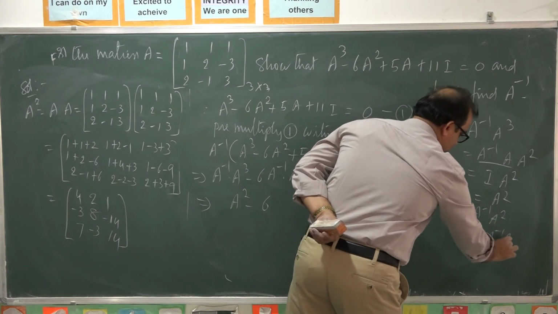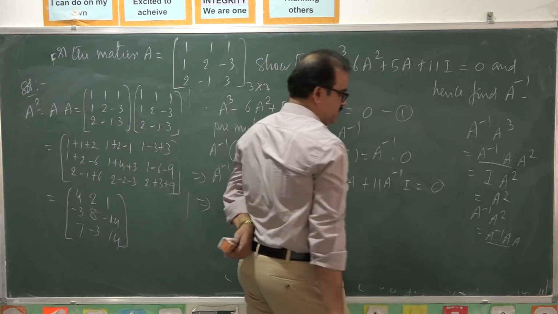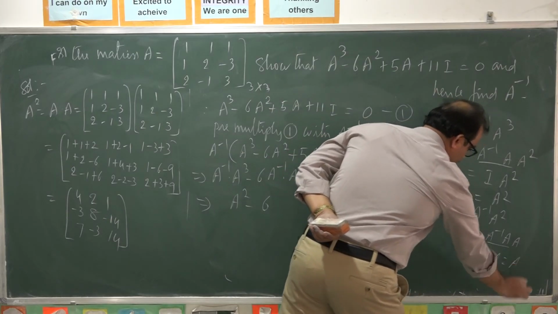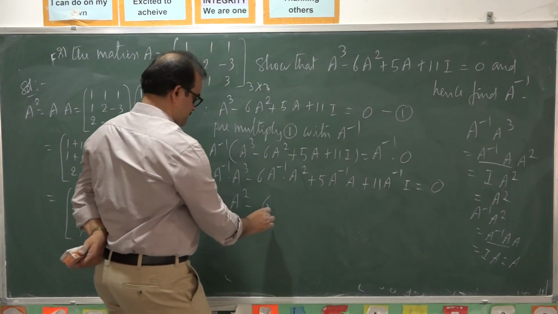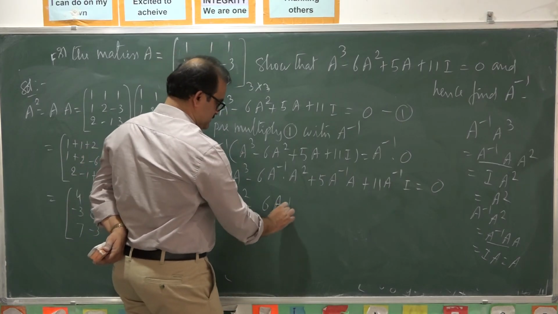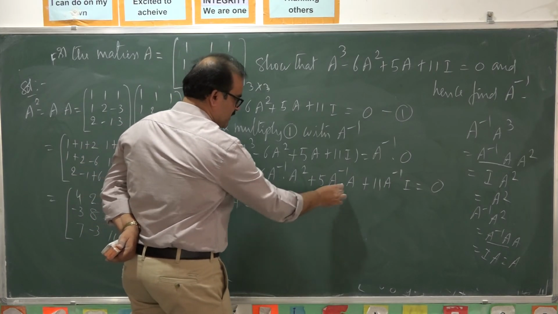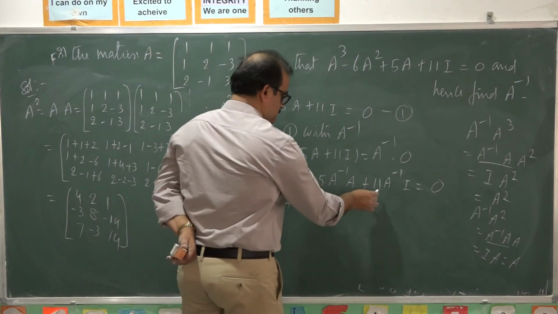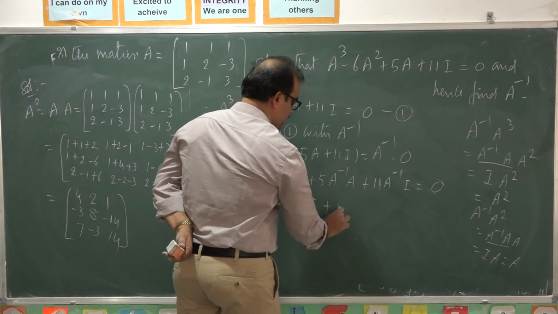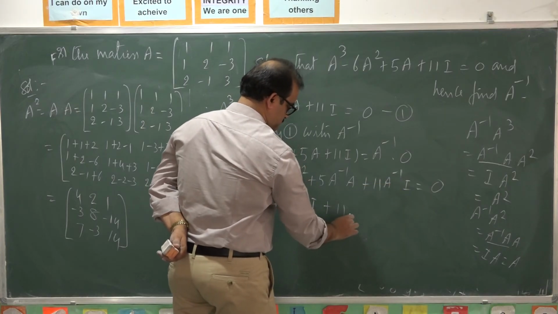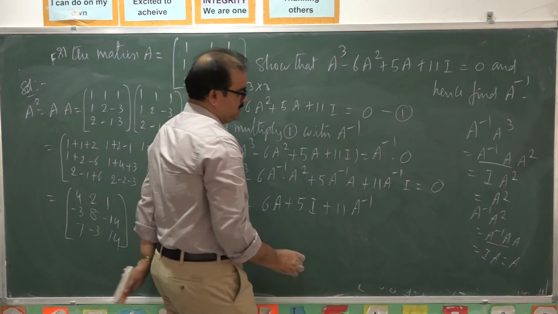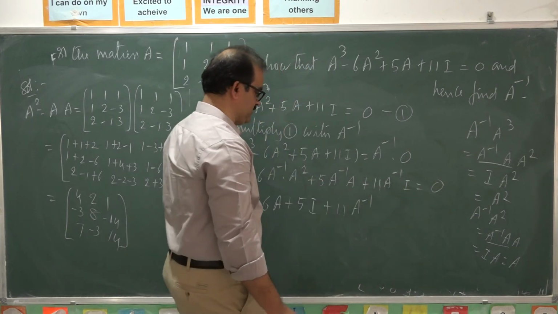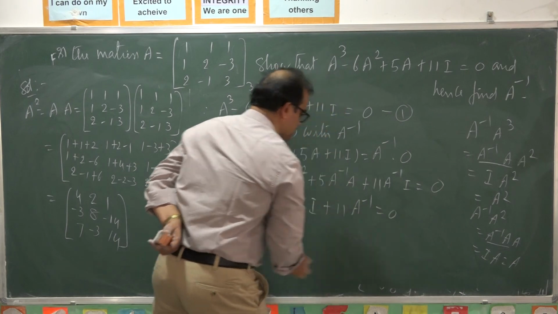A inverse into A square is taken as A into A. A inverse into A, that is I into A. I into A is A, plus 5 into A inverse into A, that is I, plus 11 into A inverse into I, that is A inverse. If you multiply any matrix with the identity matrix, you get the same matrix, is equal to 0.